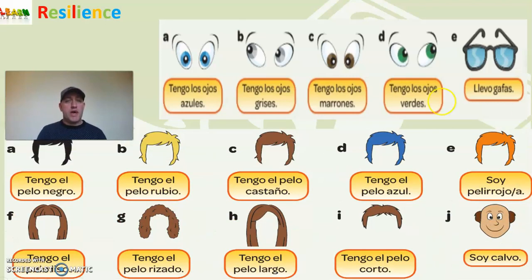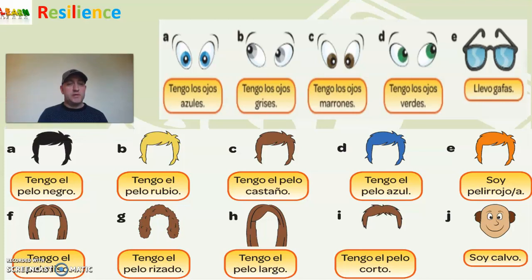And then we go on to hair, right at the bottom here. So repeat after me. Tengo el pelo negro. Tengo el pelo rubio. Tengo el pelo castaño. Now what you might notice here is that they've got 2 different words for brown. How many of you can remember the difference between marrón and castaño?